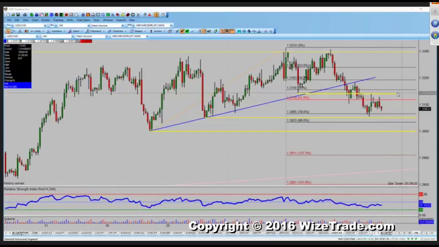131.40 will be resistance on the way back up. 131.40, and then 132, which would be a retest of this trend line here. Because you can see that, that, that. Okay, so 131.40, 132. If you're looking to be short, I think the way to play it is, you know, you get long down here if possible.